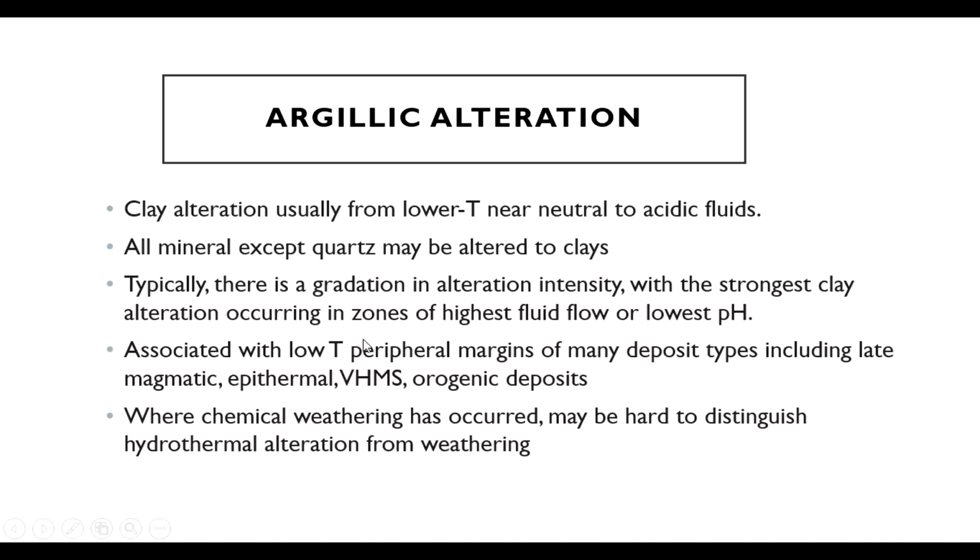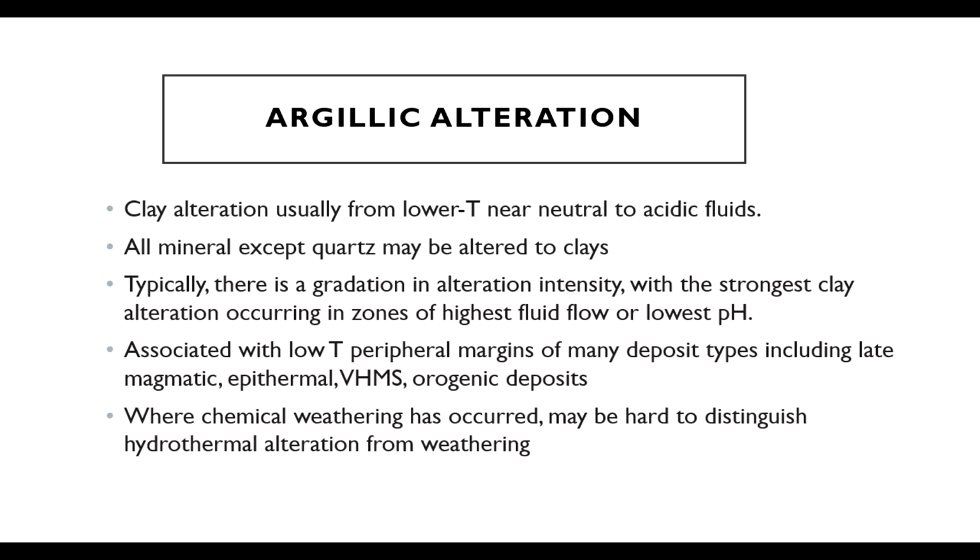So pretty much everything except quartz goes to clay, particularly the feldspars. Remember, feldspars are fairly unstable, and there's usually a gradation in the alteration, and it's mostly associated with low temperature peripheral margins of deposits. It could be late magmatic, epithermal. A lot of deposits can get argillic alteration.